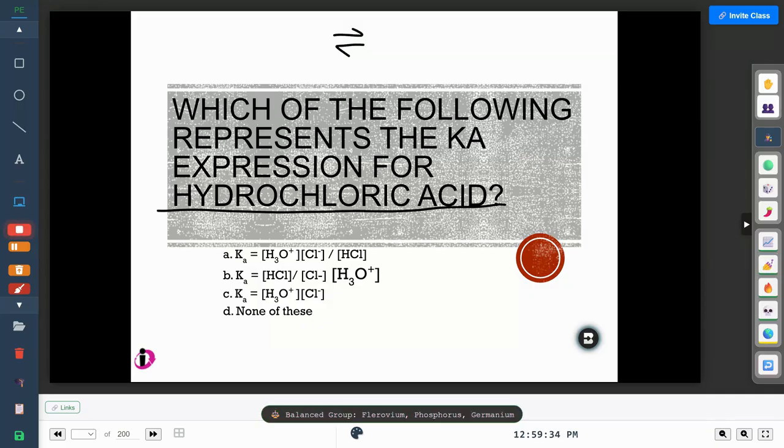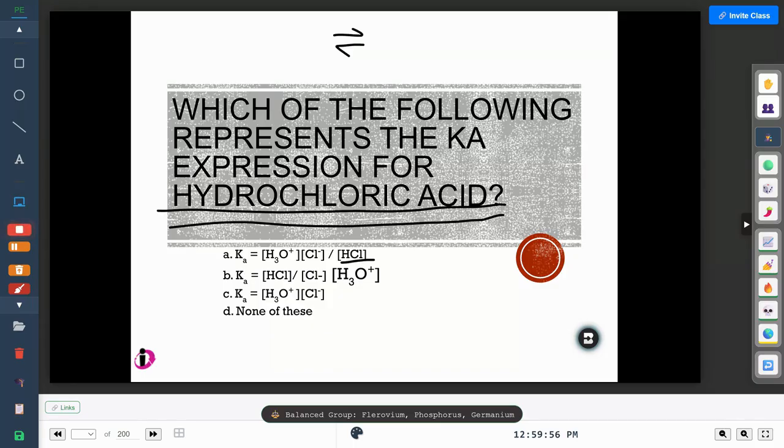All right, together, you guys agreed that it is what? Oh, it's A? A? Okay. Yeah, absolutely. Right? This is your reactant, right? Hydrochloric acid. And remember, it's products over your reactants.